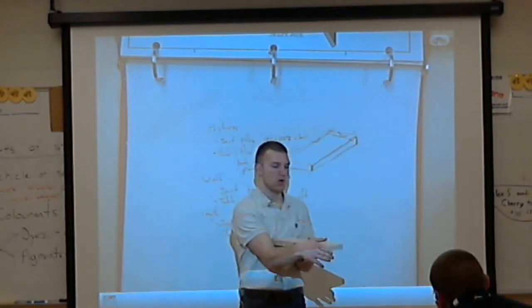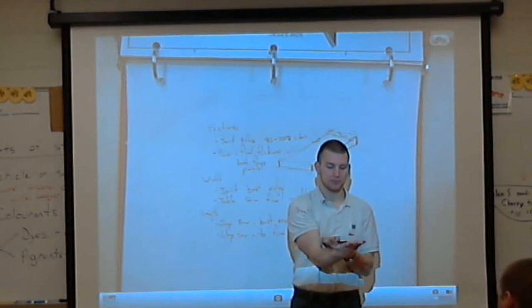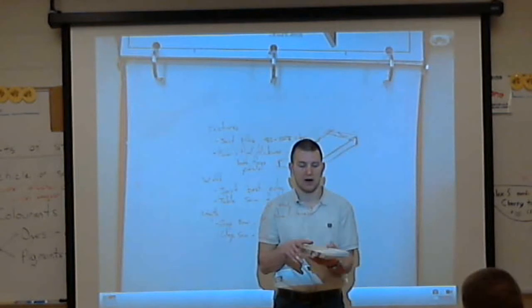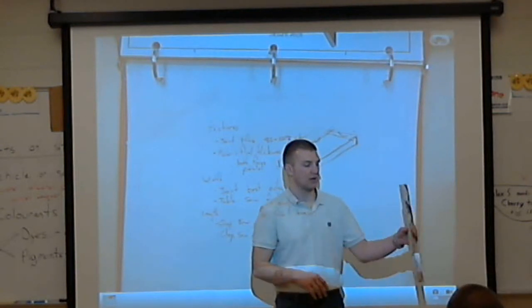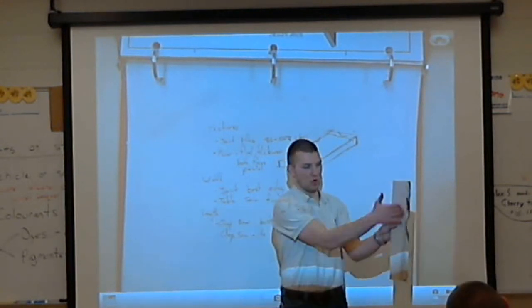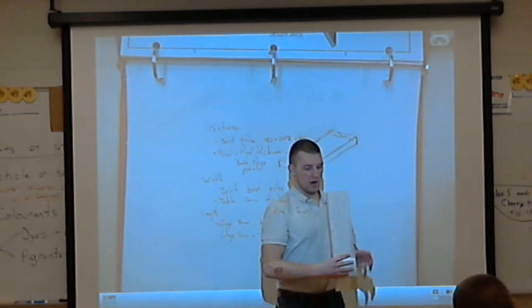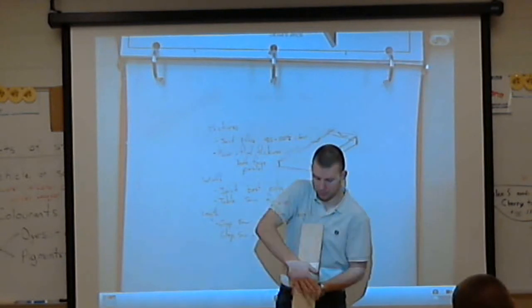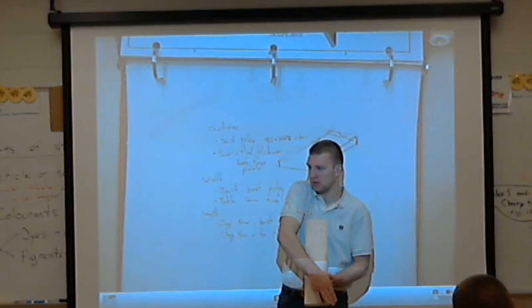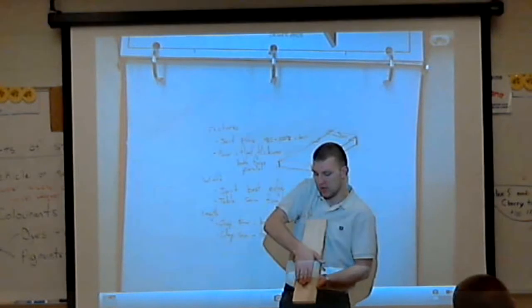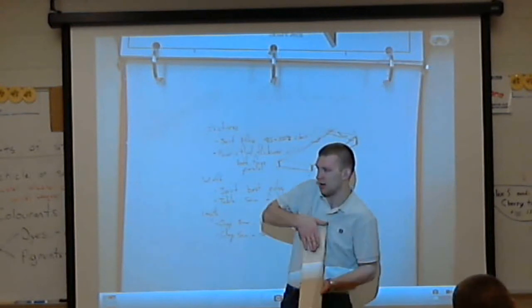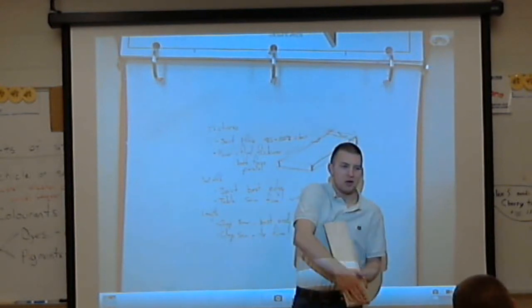So a cup is warped across the face. If I held my board and it warped this way, what would that be? A bow. And if I held it this way and it warped at the side, not a kink. A kink would be straight and then it kind of kinks out to the side. That's a crook.